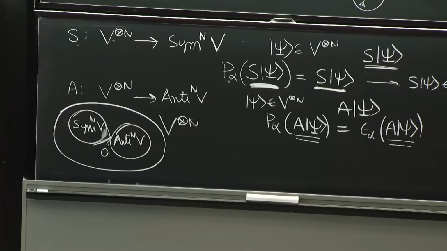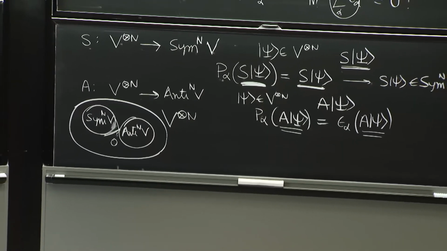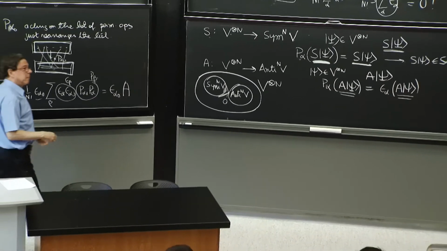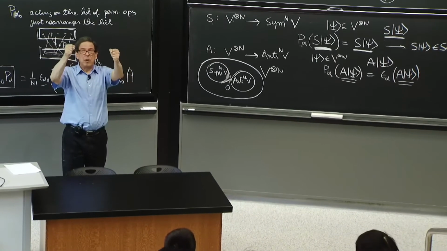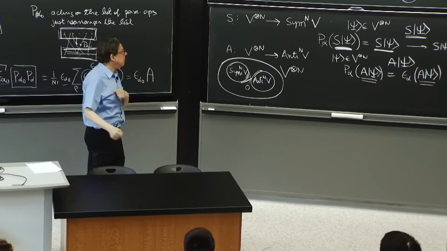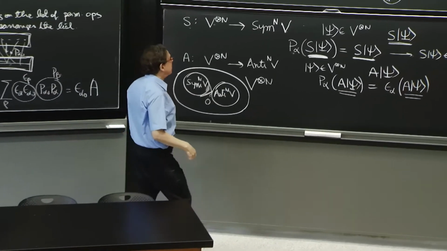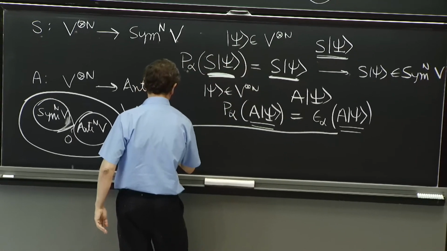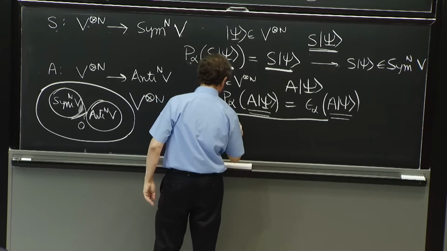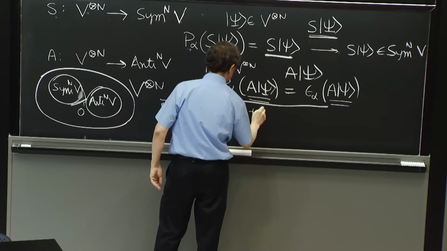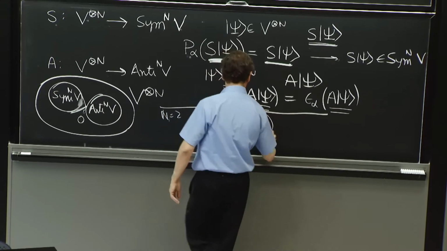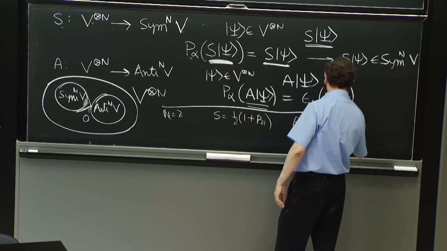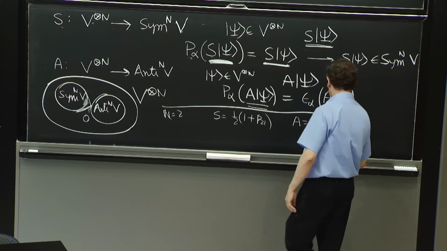But they don't fill the whole thing. In general, they don't fill the whole thing. For two particle states, however, they do. Remember when we had n equals 2, the symmetrizer was 1/2 (1 plus P21), and A was 1/2 (1 minus P21).